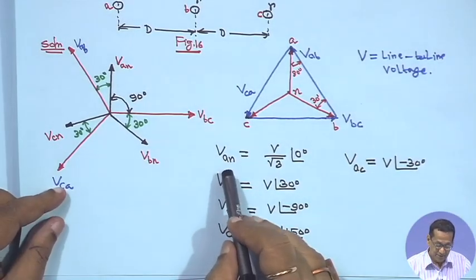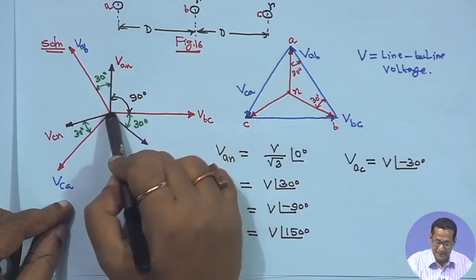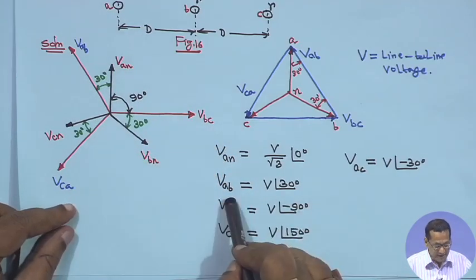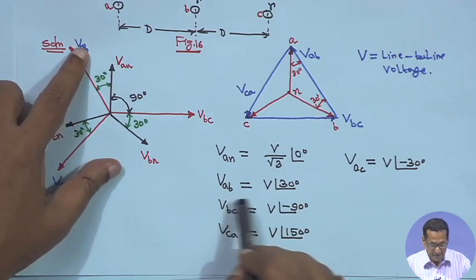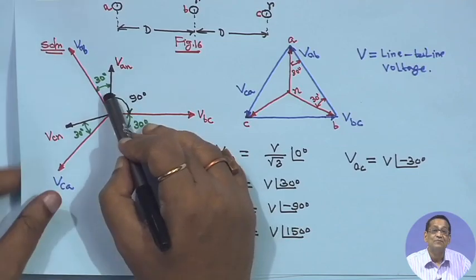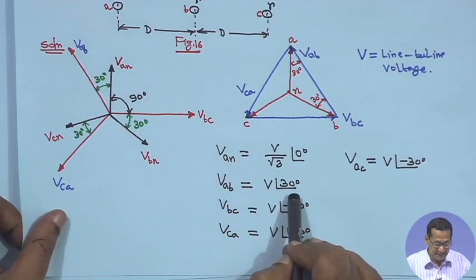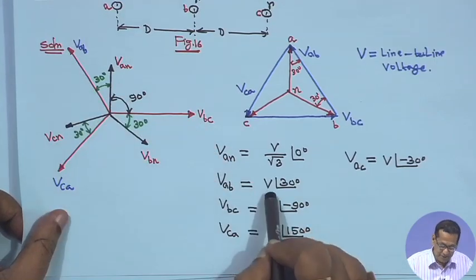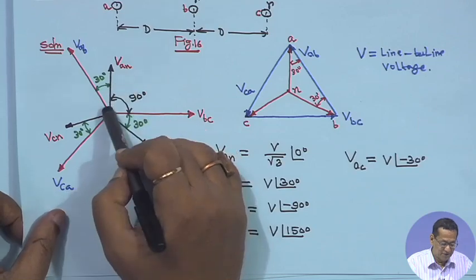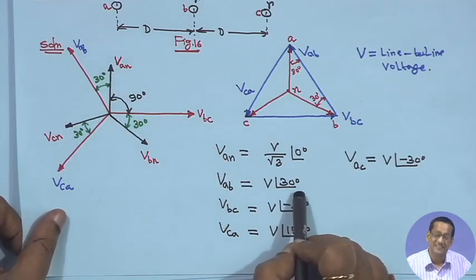Therefore, VAB will be V angle 30 degree, because the line to line voltage VAB is leading VAN by 30 degree.